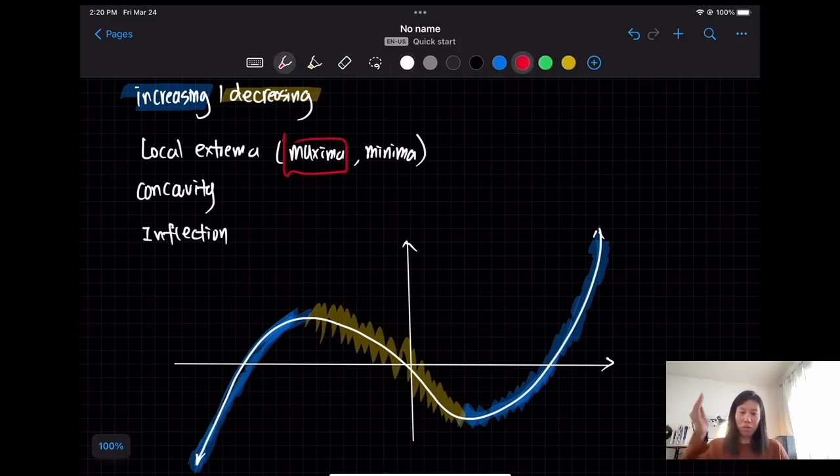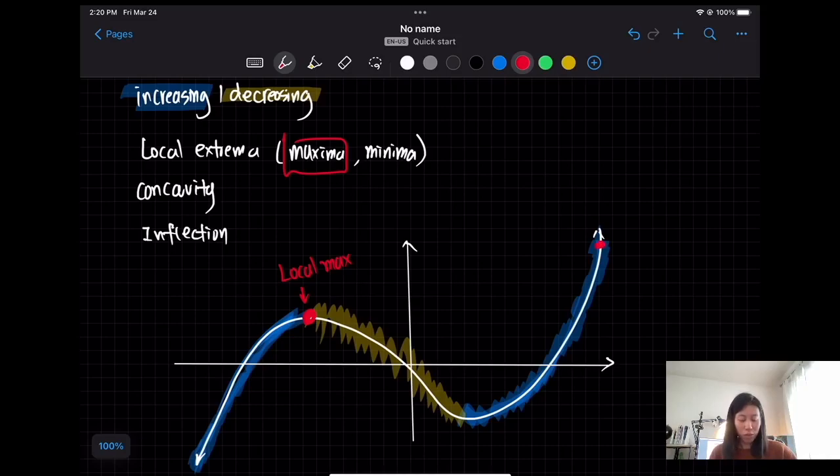It is where the graph goes from increasing to decreasing. So this is our local maximum. This is very important. Why do we call it local maximum? When we define it, it is about the behavior change. When the graph behavior changes, it doesn't have to be the biggest value.